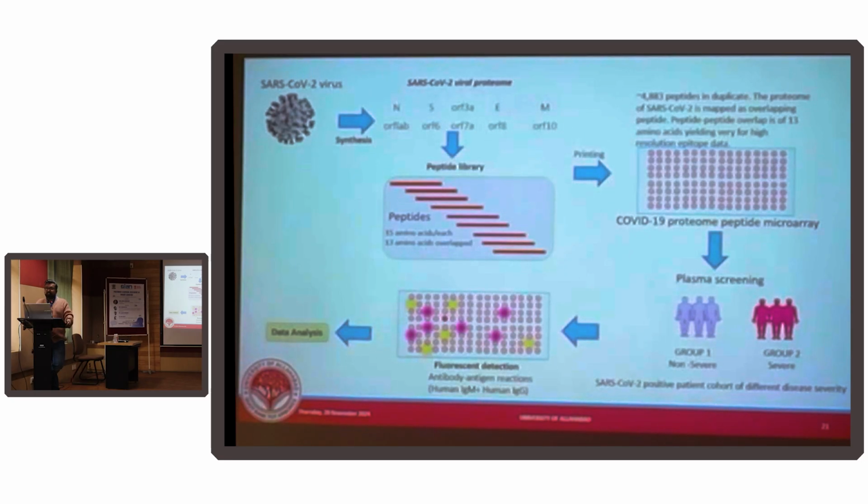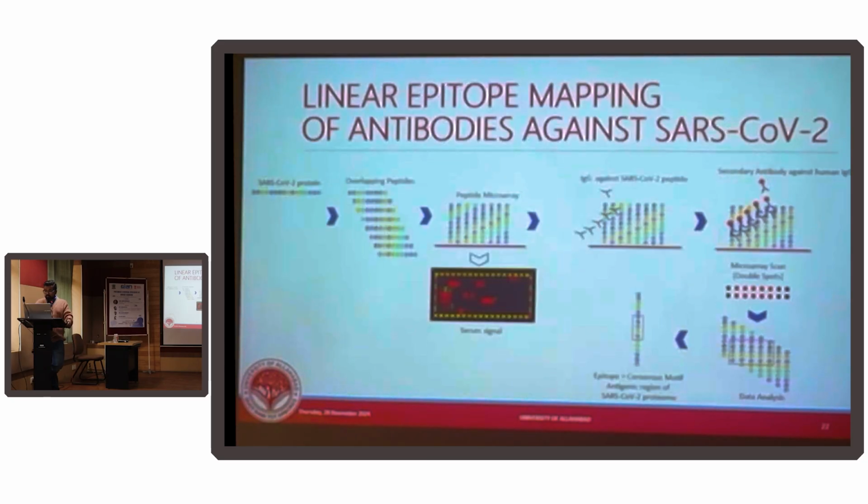Is it their immune response in the first place? Is it how their immune system was latching onto the peptides, due to neutralizing antibody response or binding antibody response? All this we wanted to study.